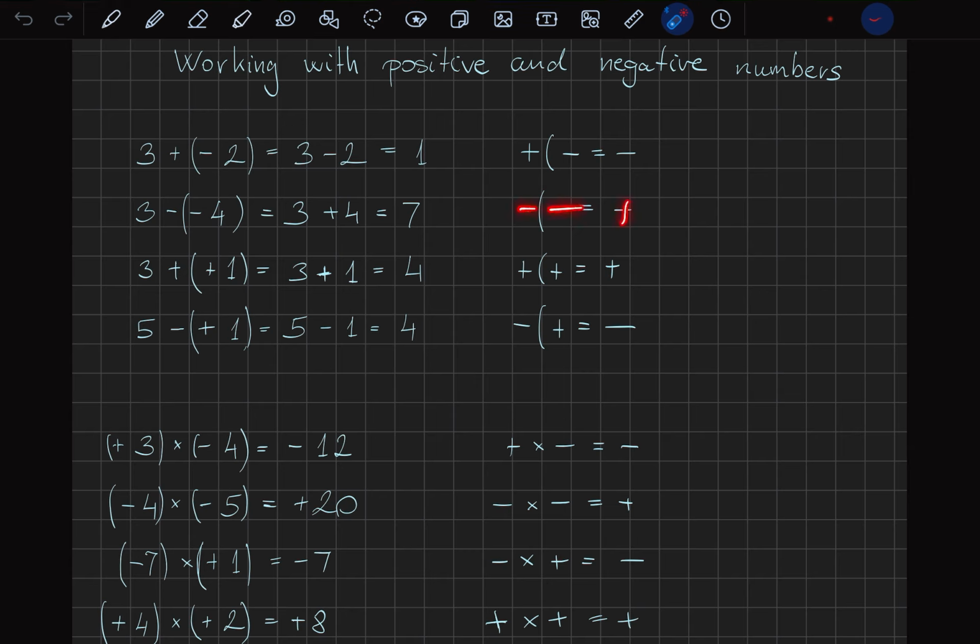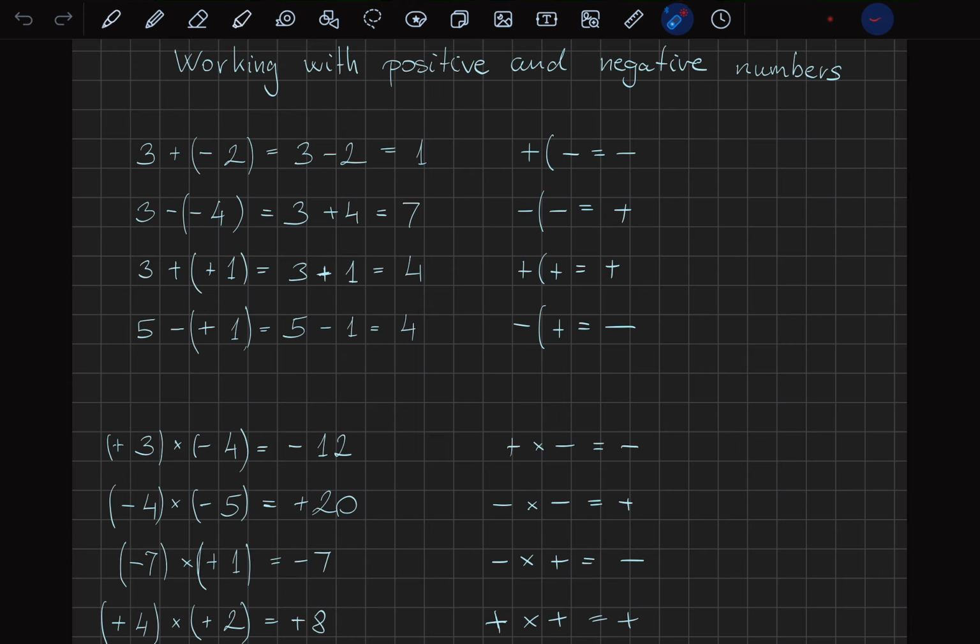Minus and minus will be plus, because it's happy, it's like a face. 3 plus 1, it will be a plus sign, and minus and plus will be minus. Okay, this will work every time.